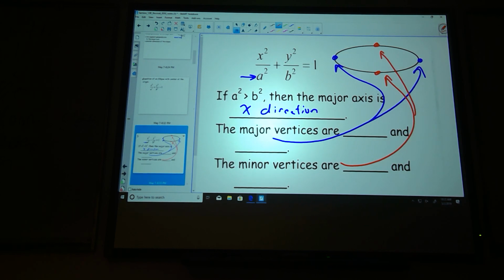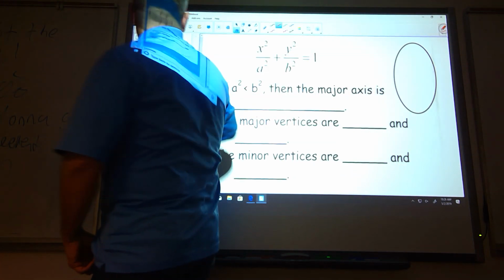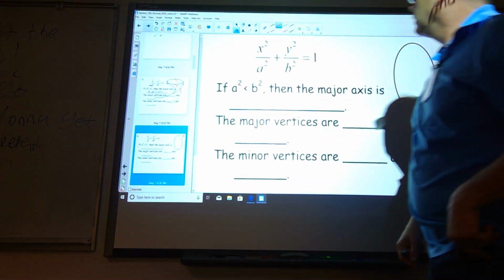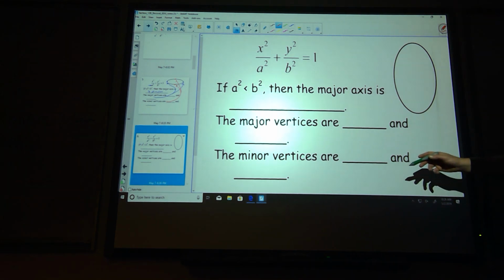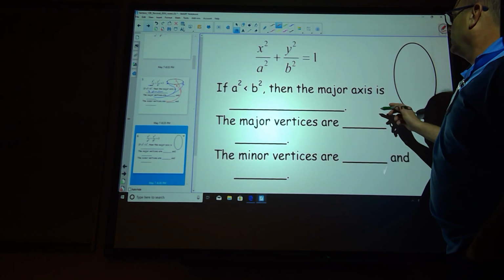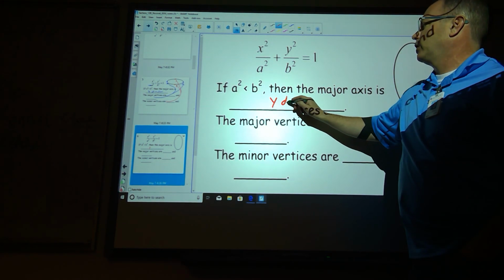Wait, why are they called major? Because it goes further out. For a cheap generic term, if it goes further out this way, you have a major axis that way. That's all. So if this takes place instead, then your major axis is in the y direction.